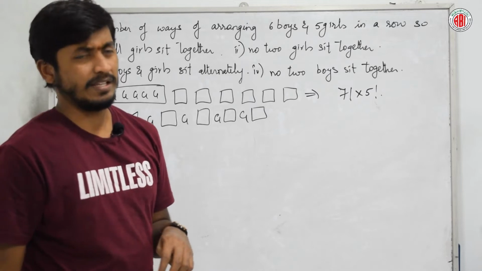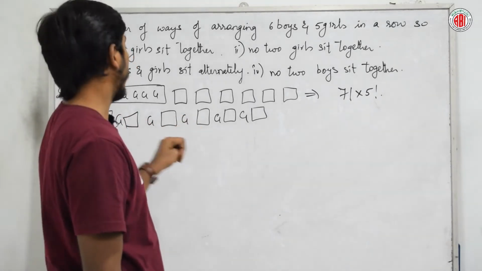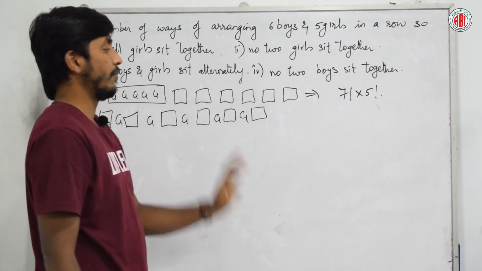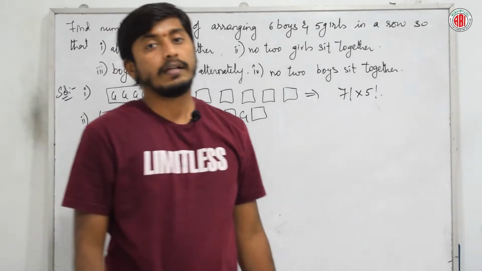No 2 girls are sitting together. How many girls do we have? 5. So I have arranged the girls first. Do you understand?